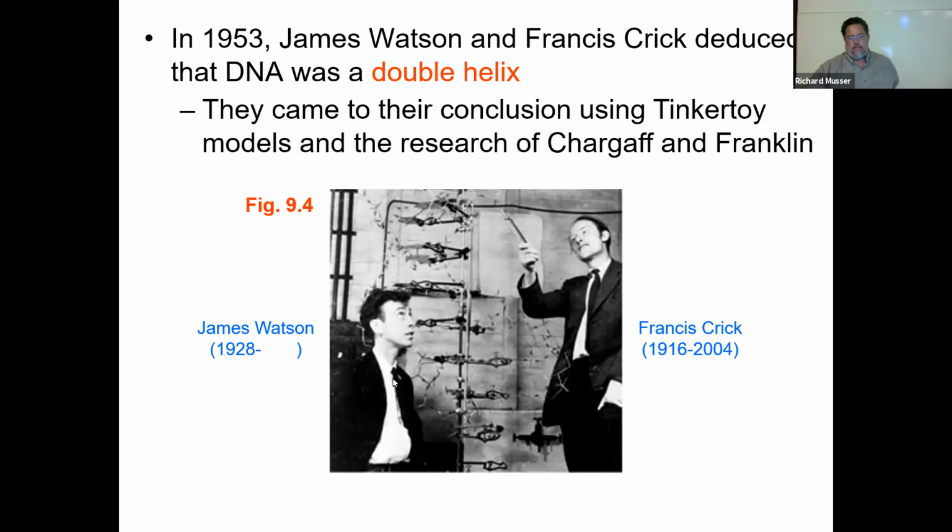And I believe James Watson's dead now. It's been since the last time I updated these slides. But anyway, they were able to, along with the work of others, and that's how science does work though, come up with the shape of what DNA would look like, the alpha helix or double helix.